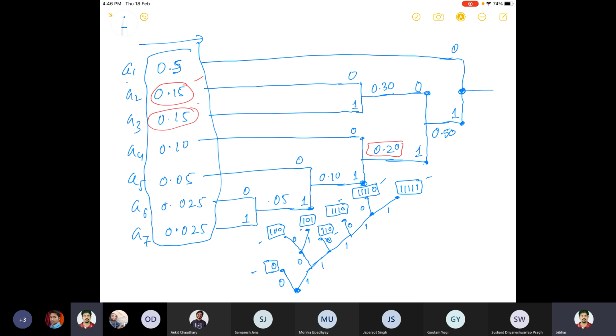This is one of the serious drawbacks of Huffman coding, but it is a nice construction when you have a comparatively small number of source symbols. Any question?